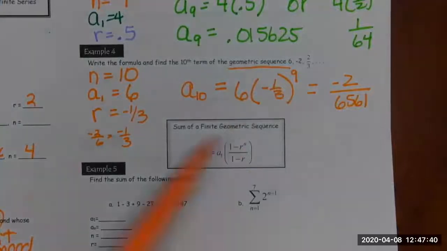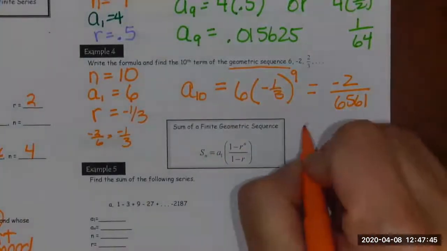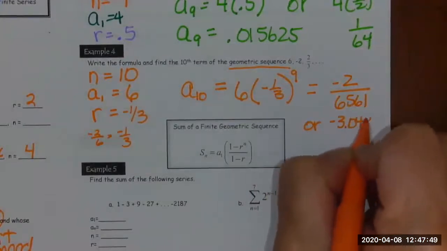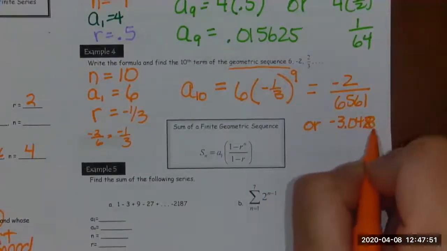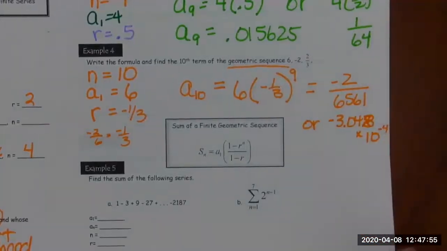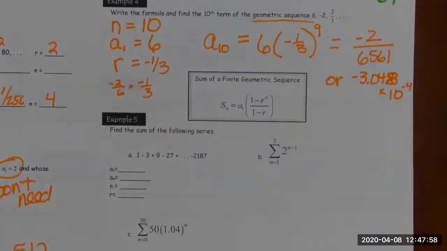If you were to put in 1/3 and not use the fraction button, you're going to get negative 3.0488 times 10 to the negative 4th. Either answer, it just depends on what's being asked of you.